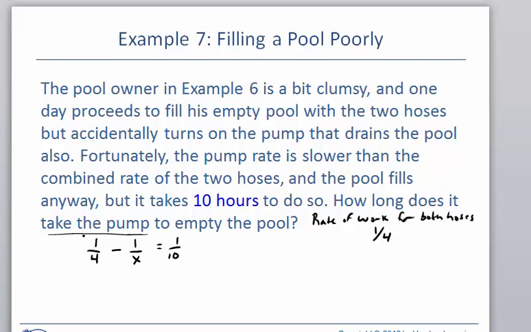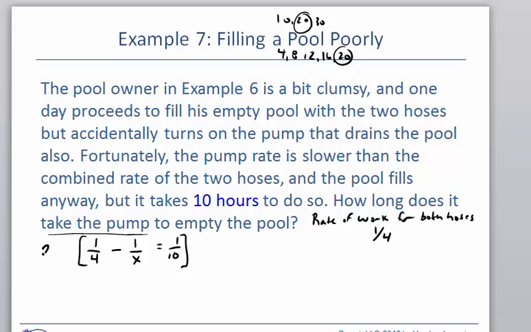So what do we need to multiply by in this case so that we can clear our fractions? We have a 4 and an x and a 10. If we think about multiples of 4 and 10: 10, 20, 30; 4, 8, 12, 16, 20. So 20 would be the lowest thing that we can multiply by.